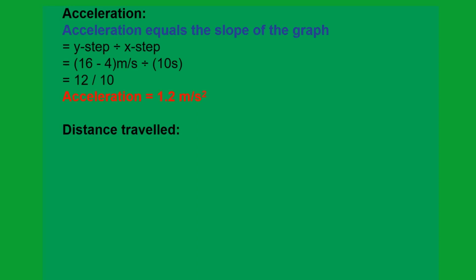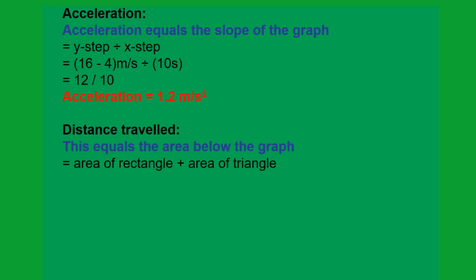So we can find the distance: 10 seconds into 4 meter per second, plus half into base 10 seconds and height 12 minus 4. So 40 plus 40, 80. Distance traveled is 80 meter.